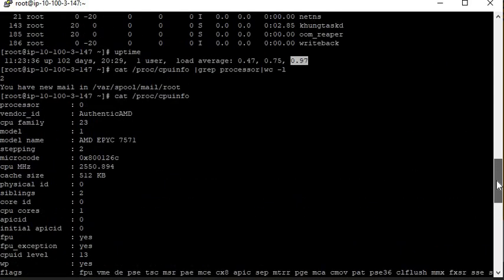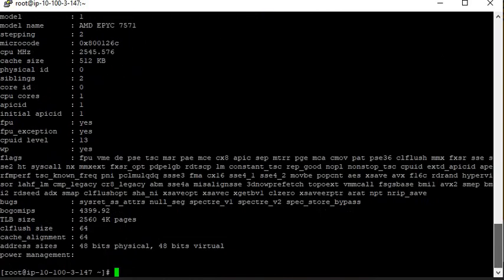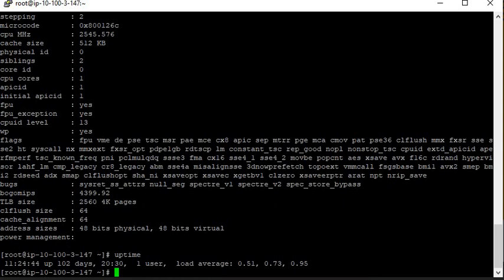Now you can see that it has two processors. As per two processors, you can see that the load average for 1 minute is 0.51. That means it's absolutely fine.